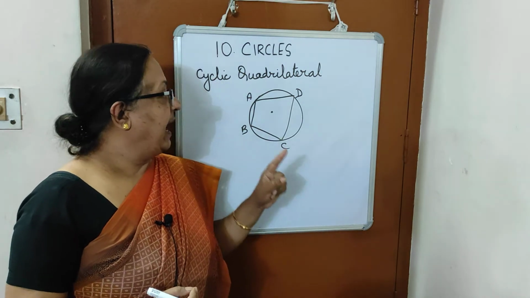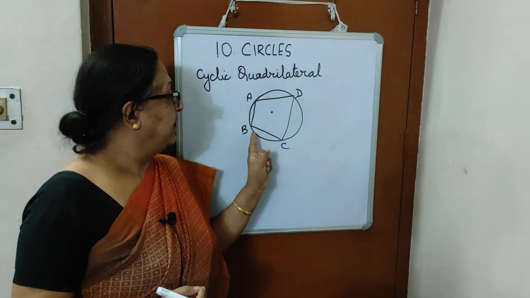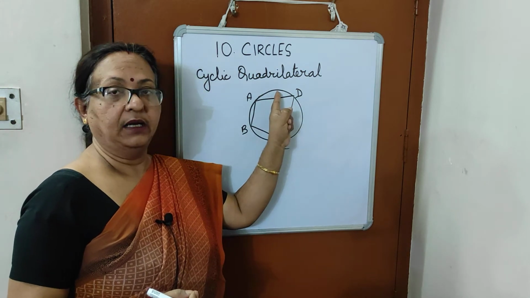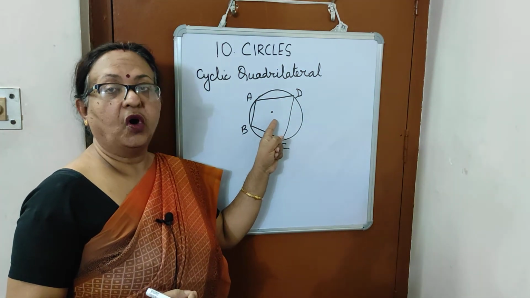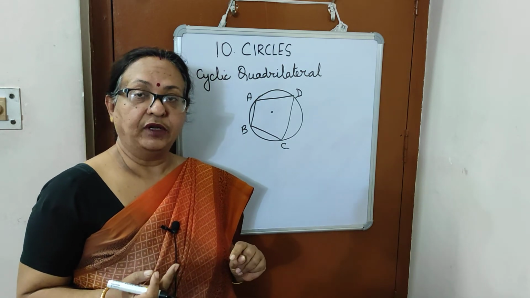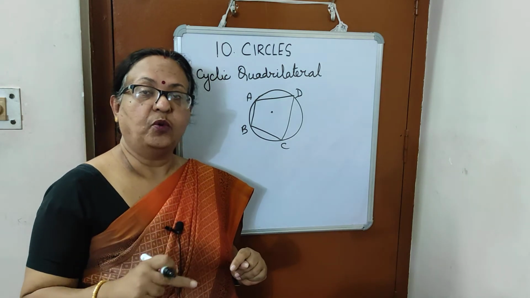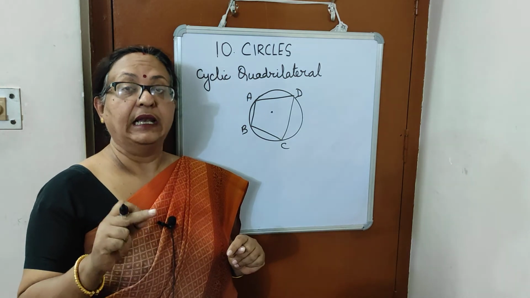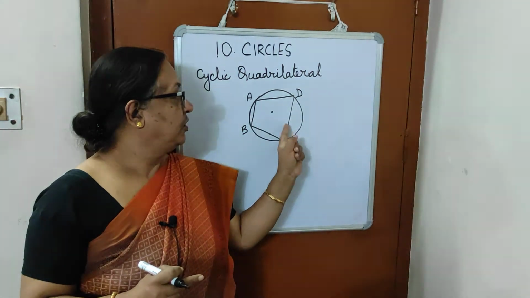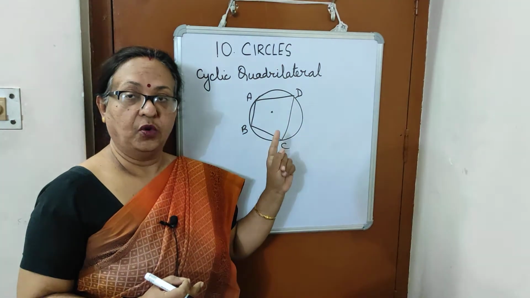Now if it so happens that all the vertices of the quadrilateral fall on the circle, this quadrilateral is called cyclic quadrilateral. So what is a cyclic quadrilateral? If all the 4 vertices of a quadrilateral lie on the circle, the quadrilateral is a cyclic quadrilateral.